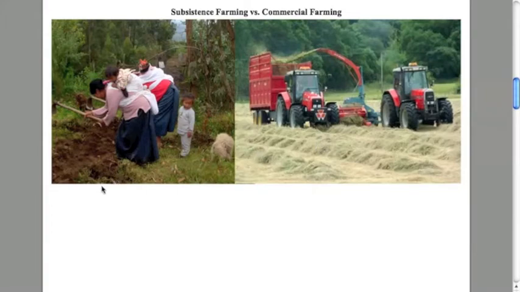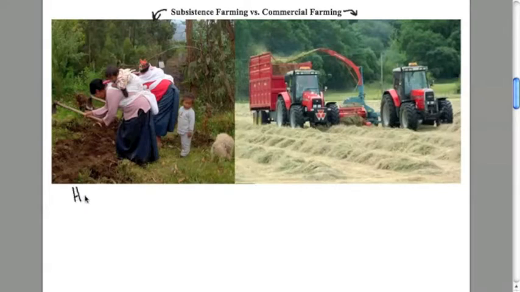Now, you could imagine in a place like this. On this side, this is our subsistence farm, and over here, this is our example of our commercial farm. Now, most of you could probably guess that the subsistence farm isn't necessarily doubling their production of certain crops for a few reasons you can kind of see in this picture.